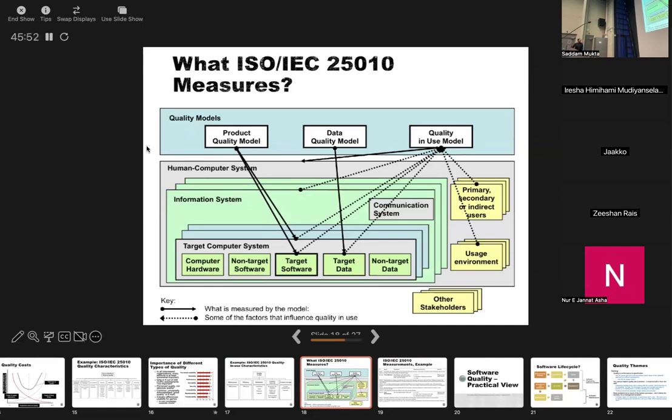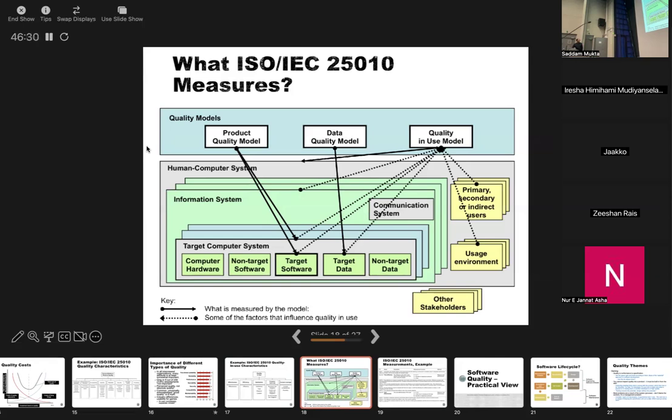When it is a dotted line, some of the factors influence quality in use. The majority of the quality model covers the target software and target data. In the quality in use model, there are other components: the total information ecosystem, and primary, secondary, and indirect users, maybe the user informant and the rest.